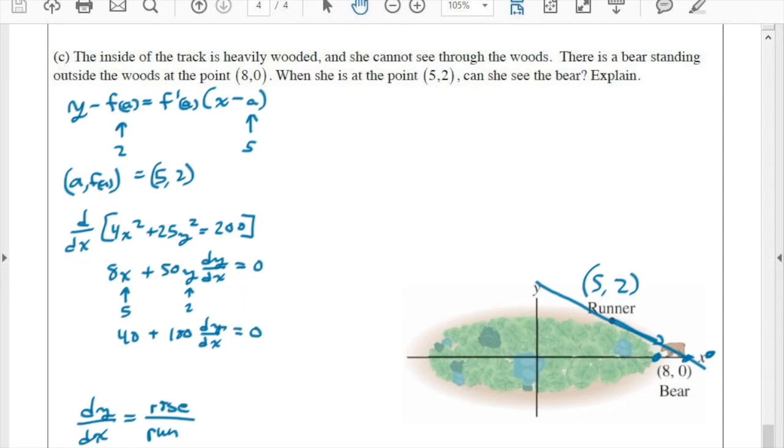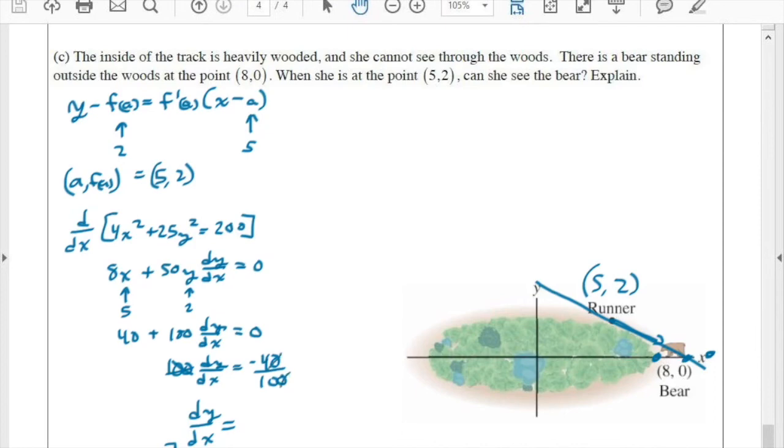Now if I get the dy/dx alone, that's going to give us our slope. Let's subtract the 40 from both sides first, and then divide both sides by 100. Once I do that, I get dy over dx alone, the slope at (5, 2), which is going to be negative 2 over 5.